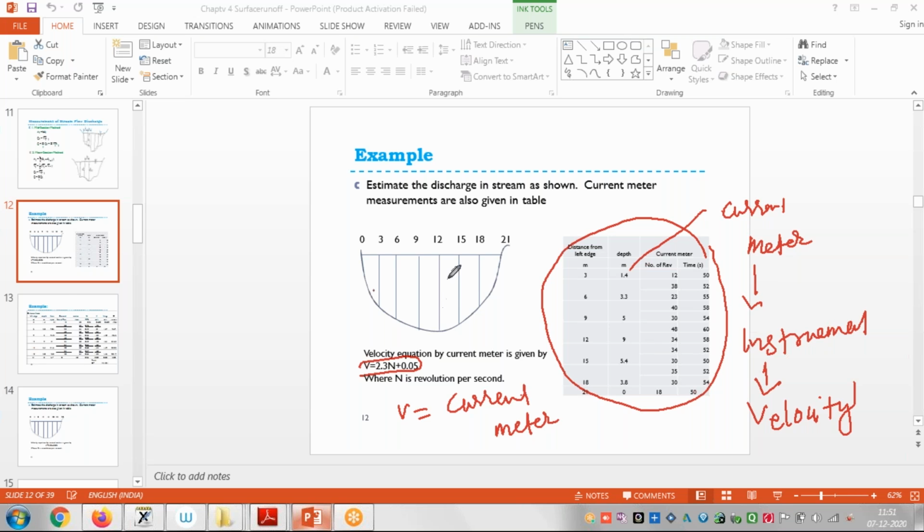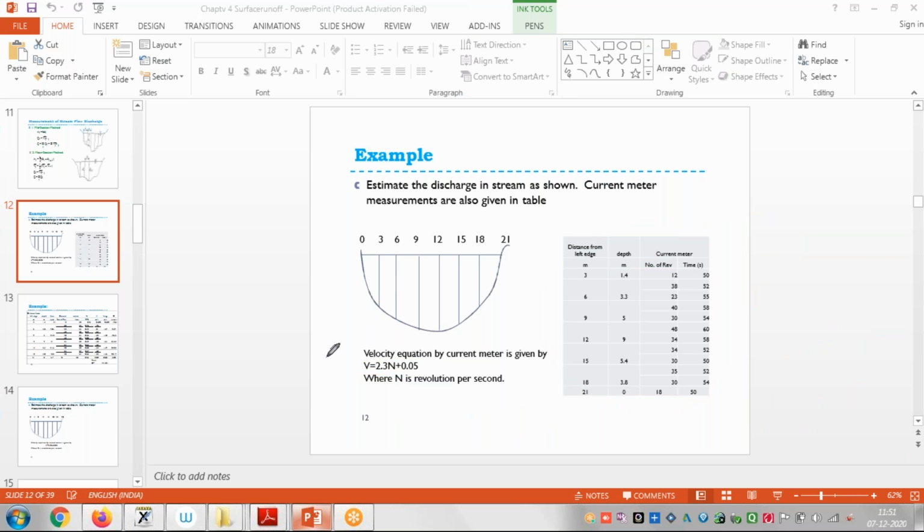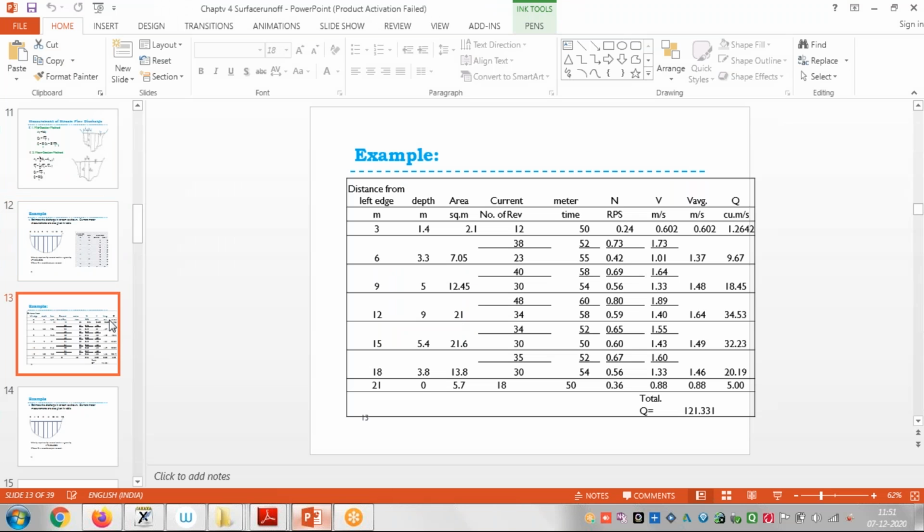Now, here you will see that we have already seen this, how it is calculated. Suppose we know the distance from the edge. For example, if this is the river, right, and there are many areas.